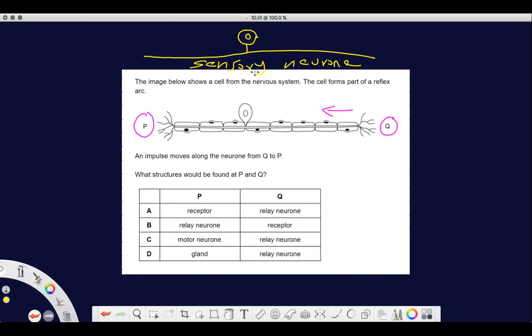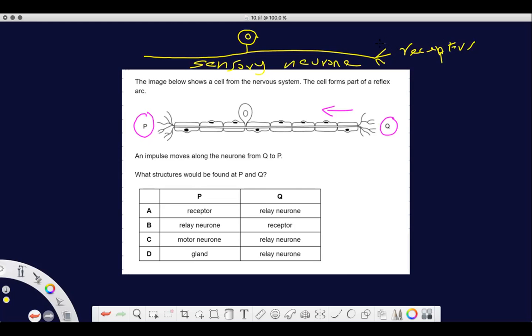Now we learned the sensory neuron has two connections. If it is starting from this end, the sensory neuron is connected to the receptors.